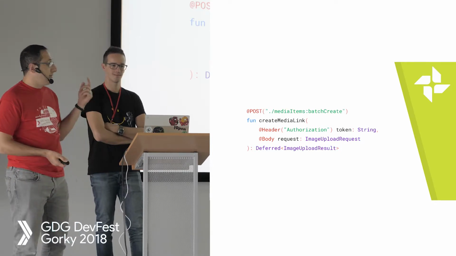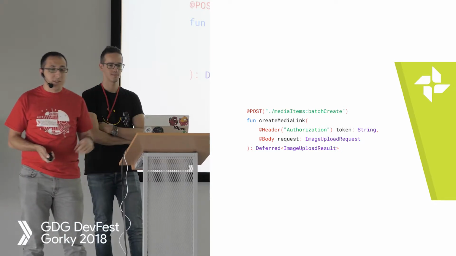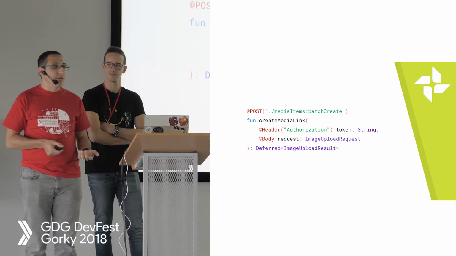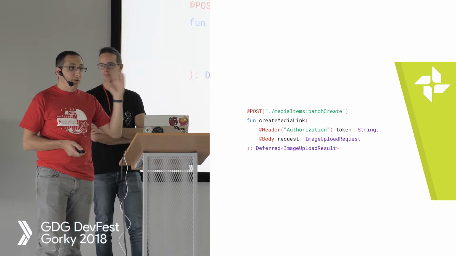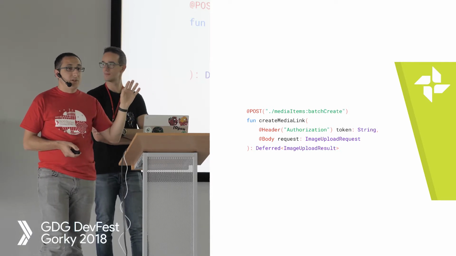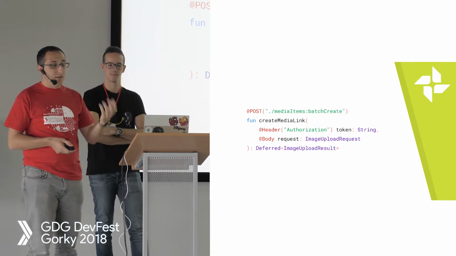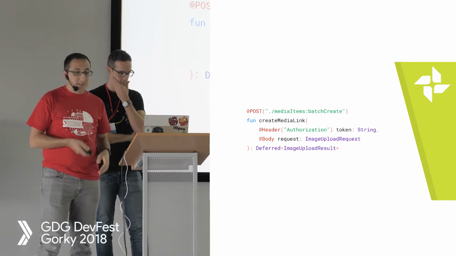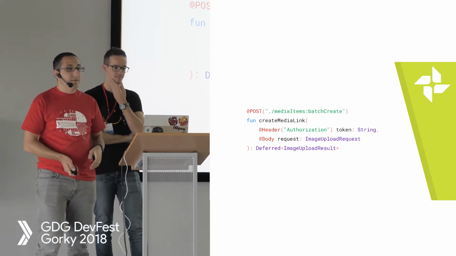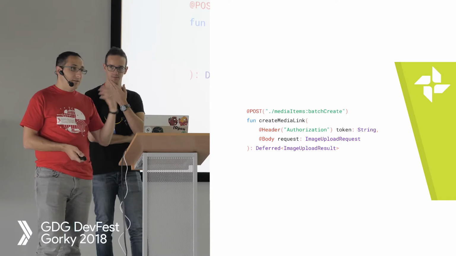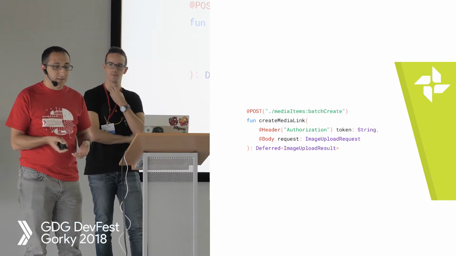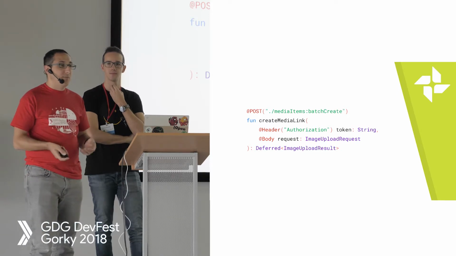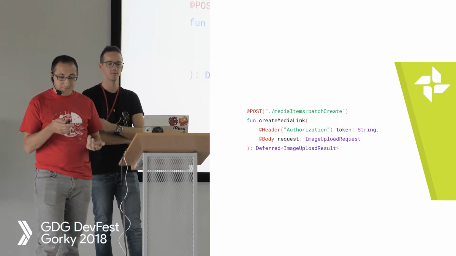Here again, for the last query, for the last image, the one that would create the media link. So we already have our image uploaded. This image will return a media link token, which is inside the image upload request. And with that token and the authorization one, you can ask the Photos API to create this link.